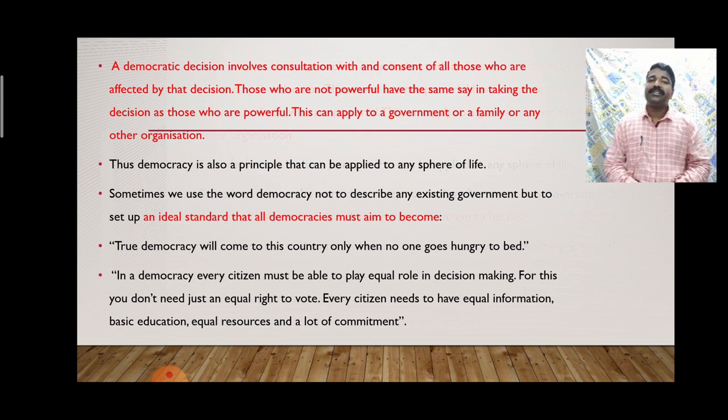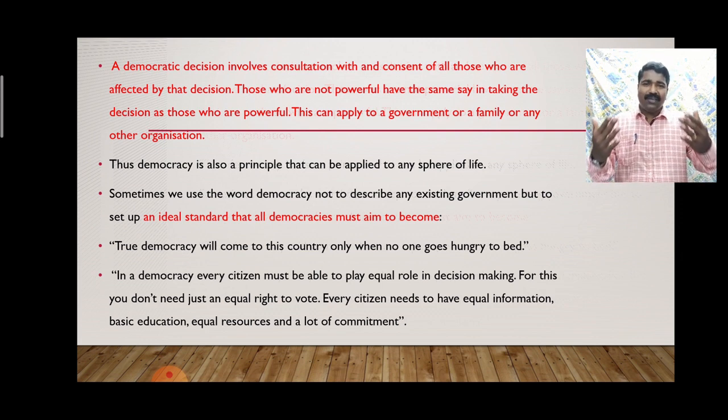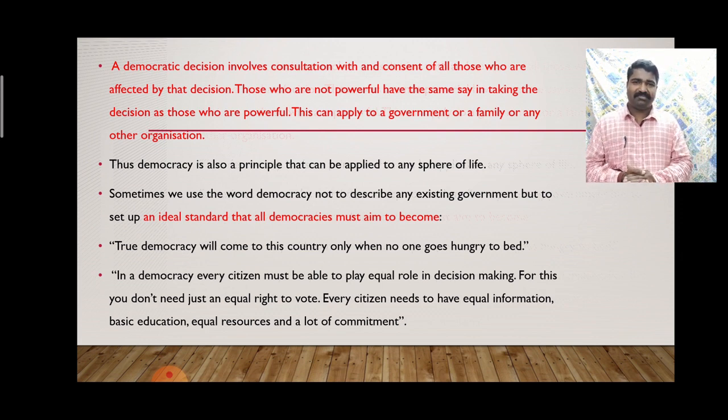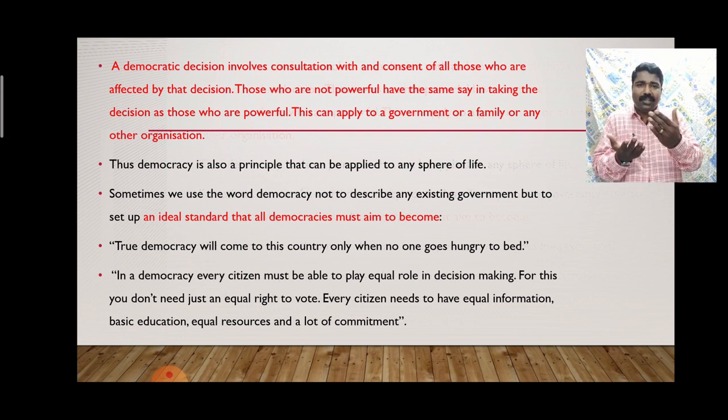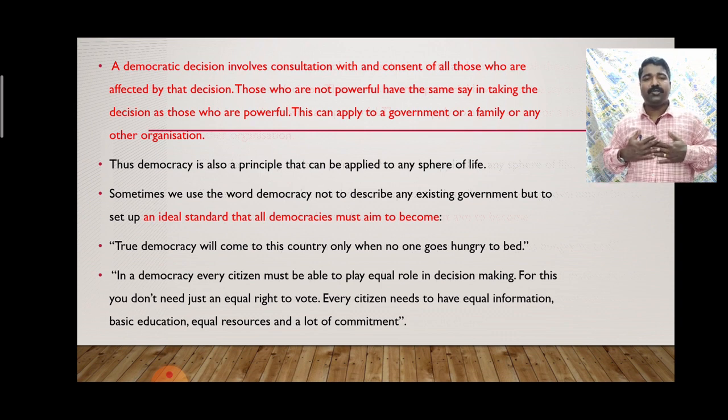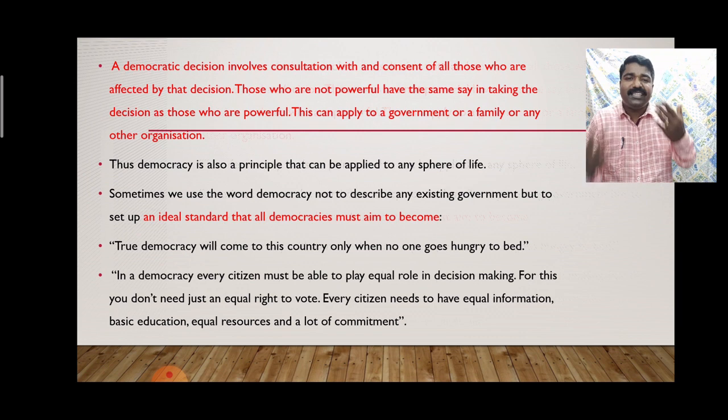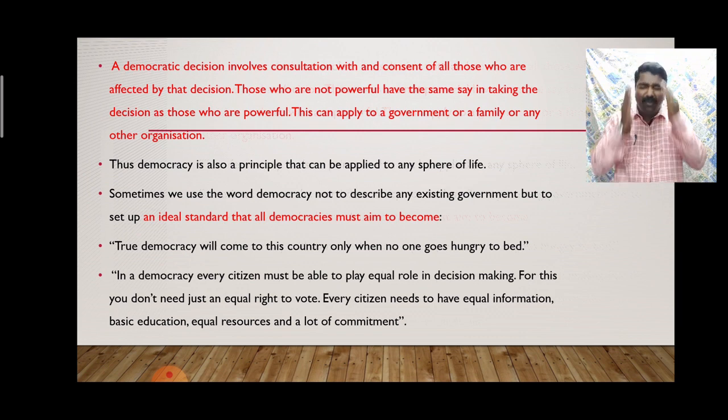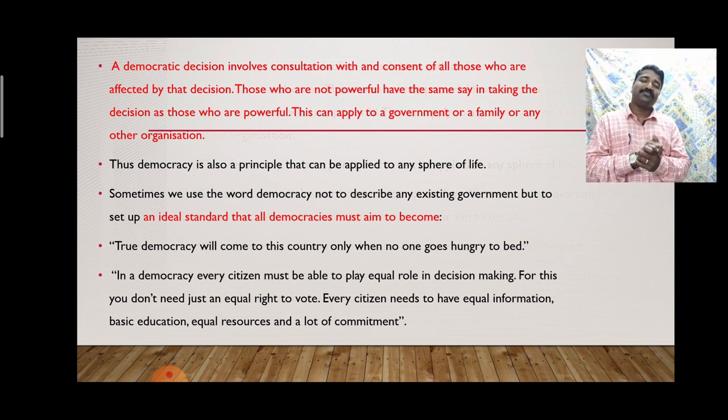We pointed out that it is a method of decision making equally. How can I make a decision if I am very poor? I am not getting proper education and my health condition is very weak. How can I take decisions? If I am not getting any information, how can I participate in decision making?